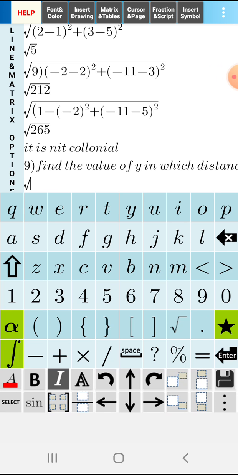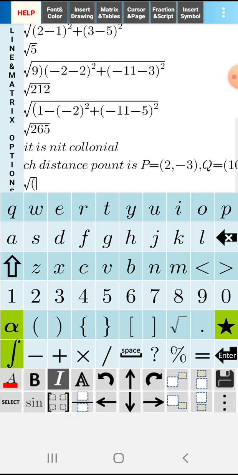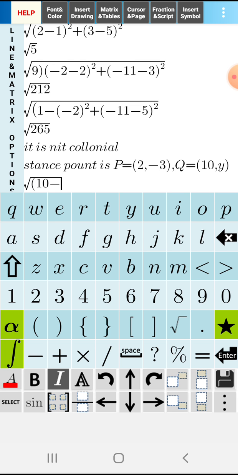Don't write directly. As you know, P is equal to (2, -3). So x1, y1, and x2, y2. You have to put these. So x2 is 10 minus x1 which is 2, whole square, plus y minus (-3), whole square.